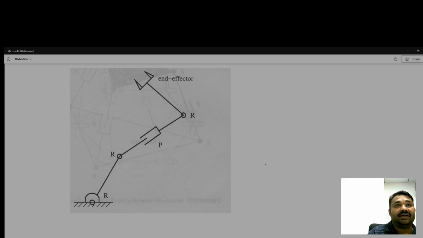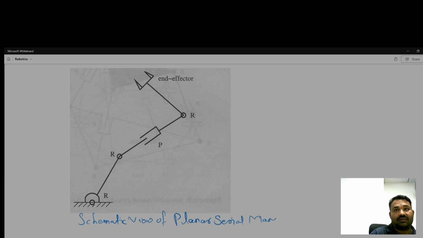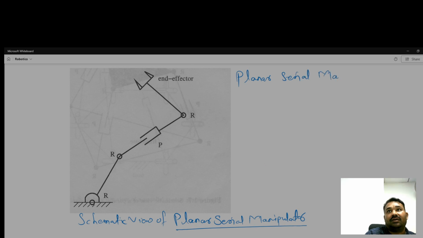Now let's take an example of the schematic view of a planar serial manipulator, or you can say robot. Planar means we're talking about 2D.